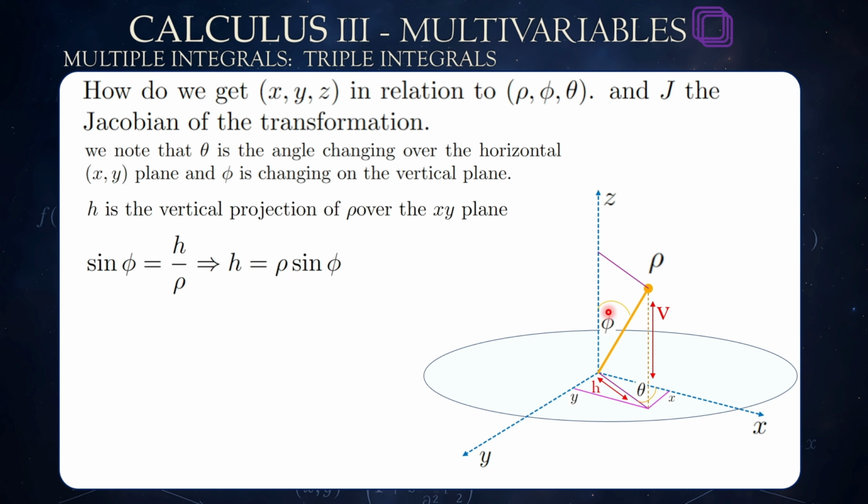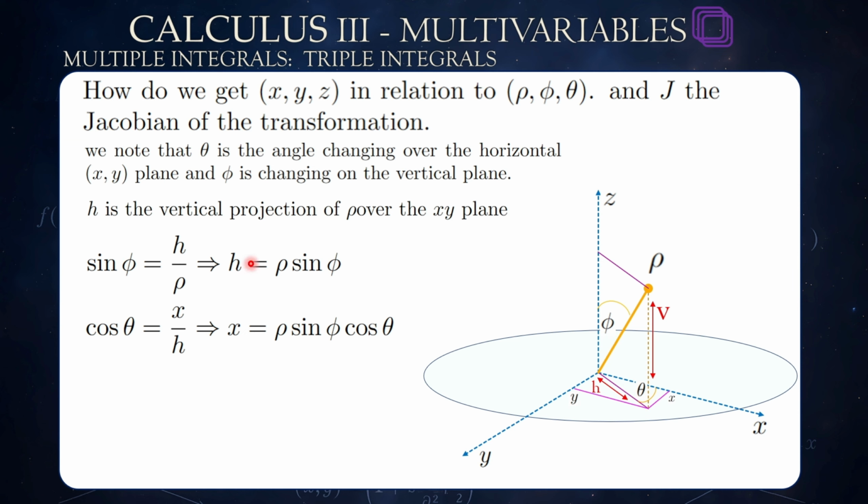Sine phi is equal to opposite side divided by the hypotenuse. So h equals rho sine phi. Opposite side is h as you see it, and hypotenuse is rho. So sine phi is equal to h over rho, then h equals rho sine phi. Cosine theta is equal to x over the hypotenuse, which is h.